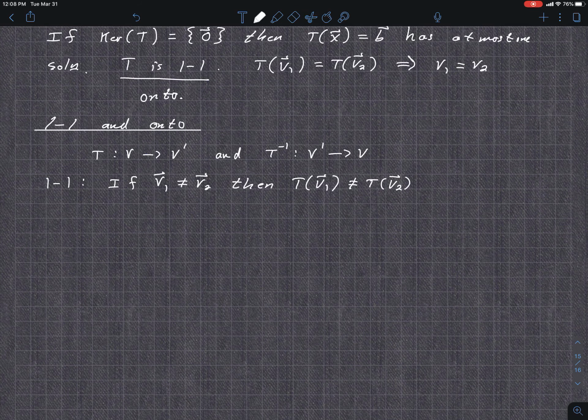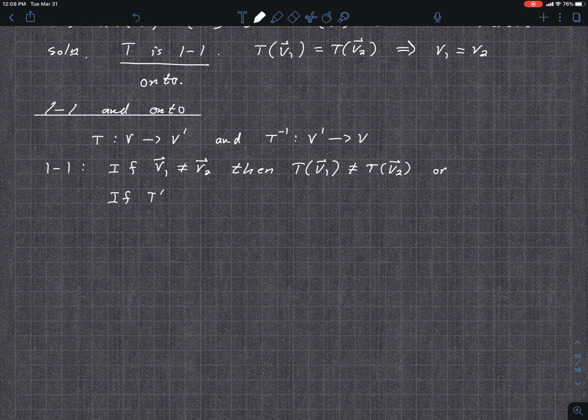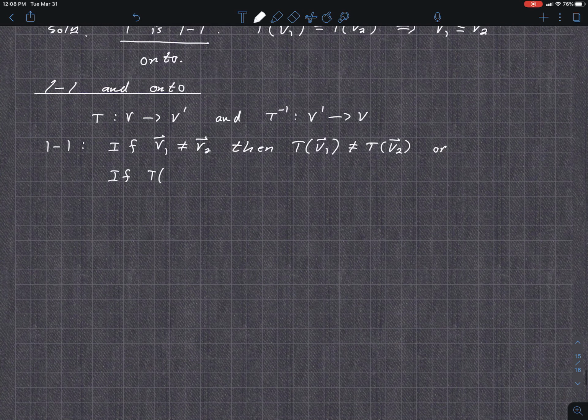Another way to think of it is basically the contrapositive, which is always equivalent. So the other way of saying it is this: if T of v1 equals T of v2, then that implies that v1 equals v2.